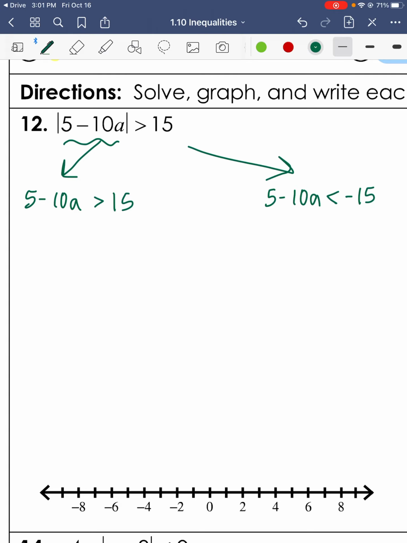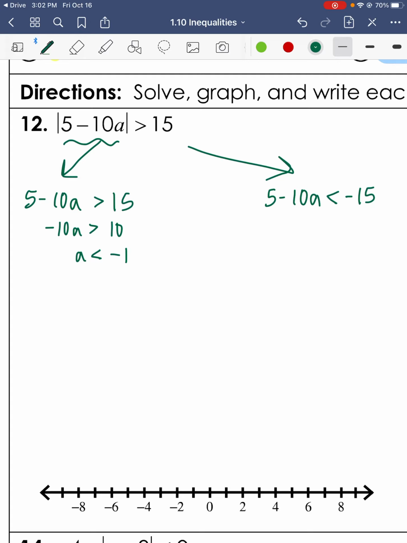Okay, so here we're going to solve each of these inequalities separately, and then we're going to see what our solution sets will be. So 5 minus 10a, we're going to subtract 5 from both sides. We'll have negative 10a is greater than 10, and then dividing by negative 10, we're going to get a, flip the sign, is less than negative 1 here.